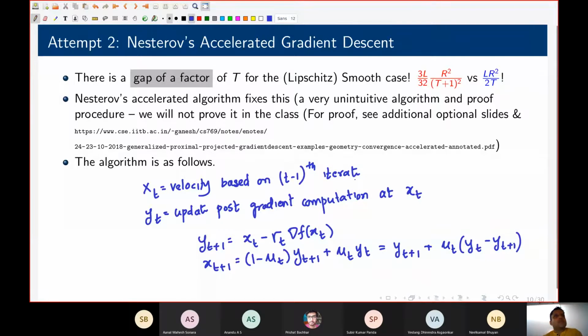Is it clear? This is the velocity component, and I'm adding that velocity component with the decaying factor mu t to yt plus 1, and then in the next step the gradient will be computed at xt plus 1. This is the basic idea.